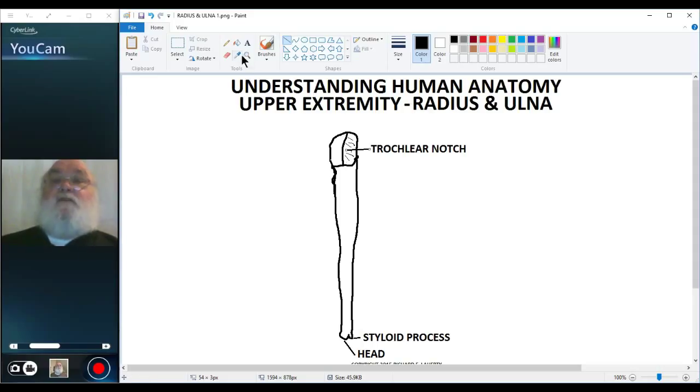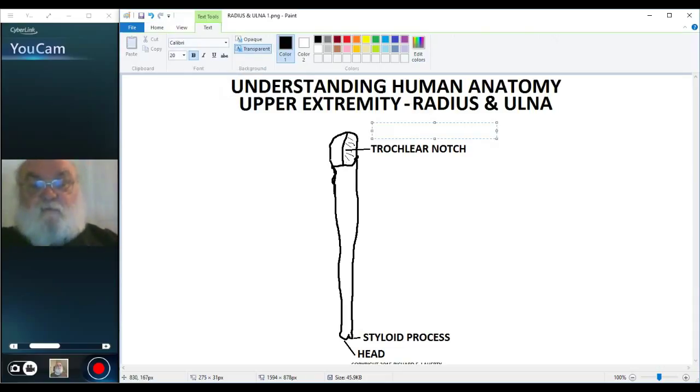So the trochlear notch, and the superior part of the trochlear notch is the olecranon process.